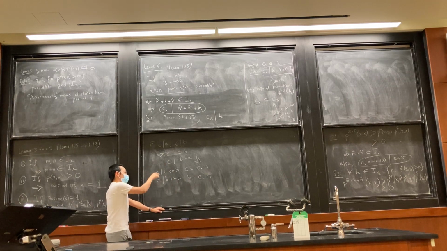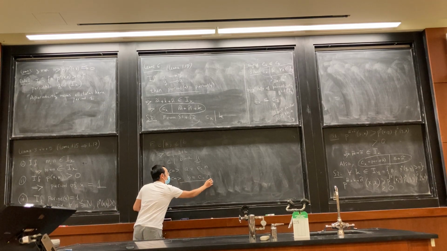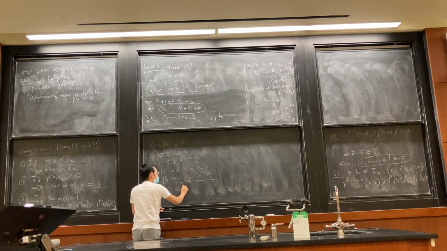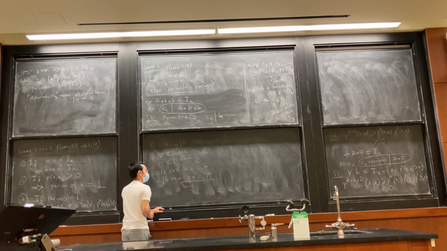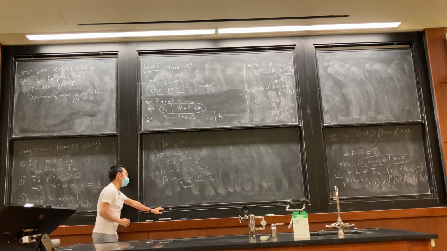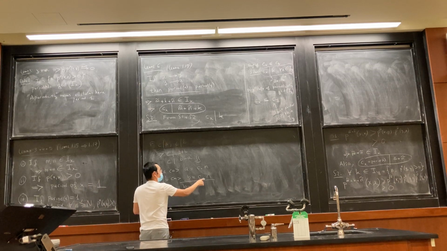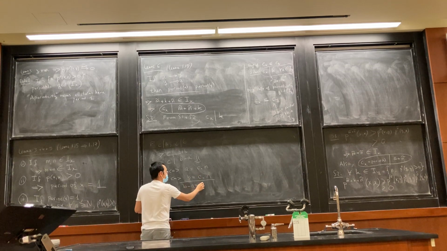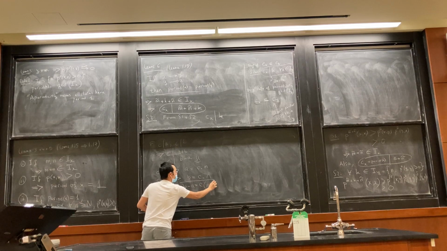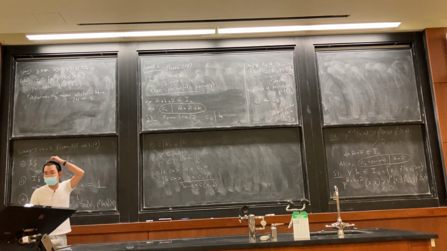So if I take the difference, let's say B greater than A, then B minus A, I have a common factor of C.